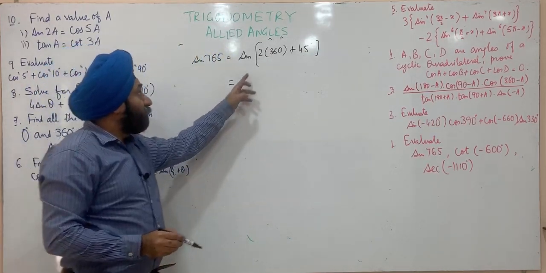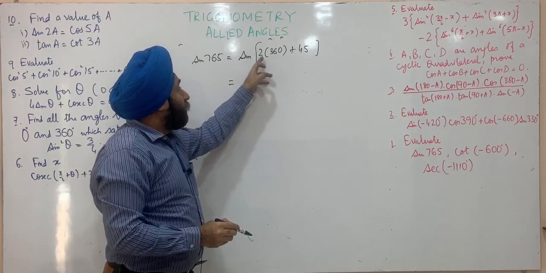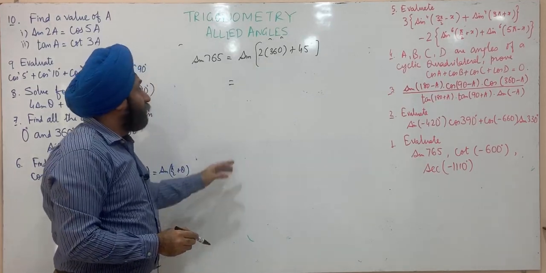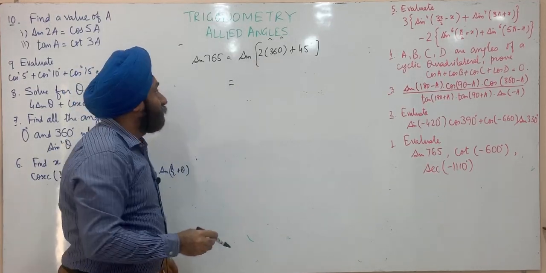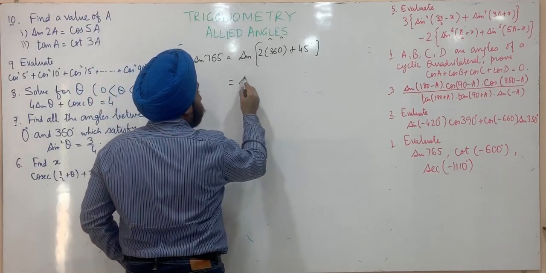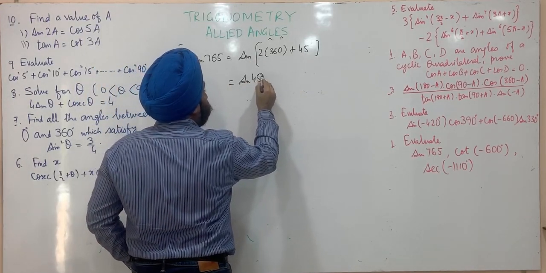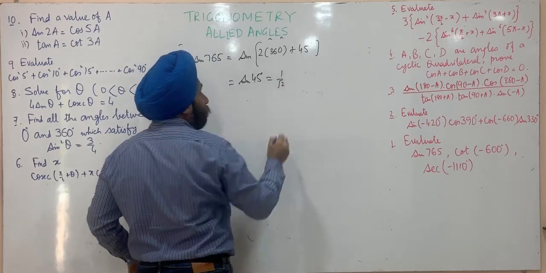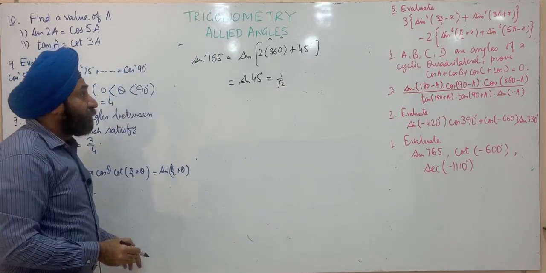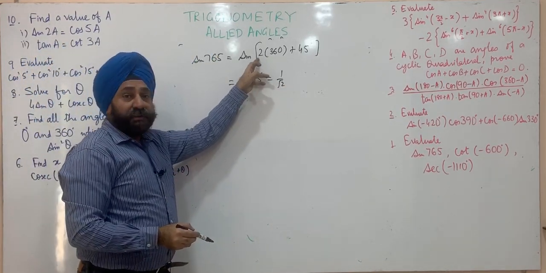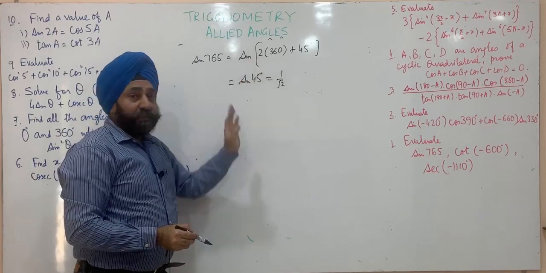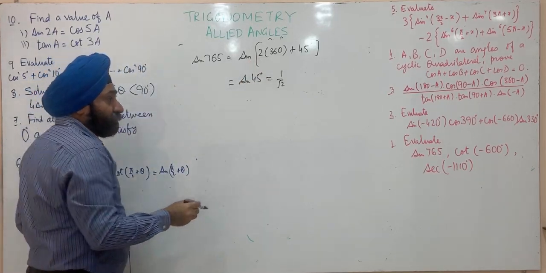Whenever we have a multiple of 360 here, we can leave this angle and we are left with sine 45. Sine 45 is 1 by root 2. This is for integral multiples of 360 degrees.